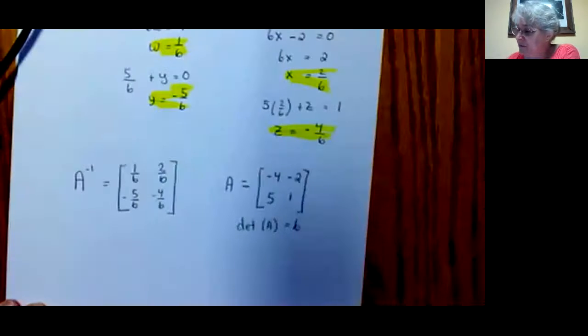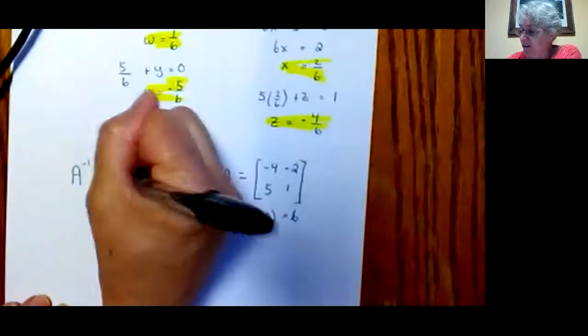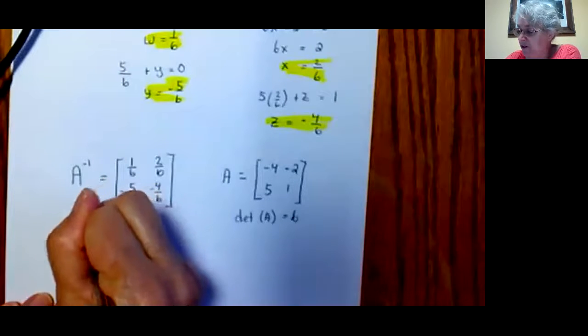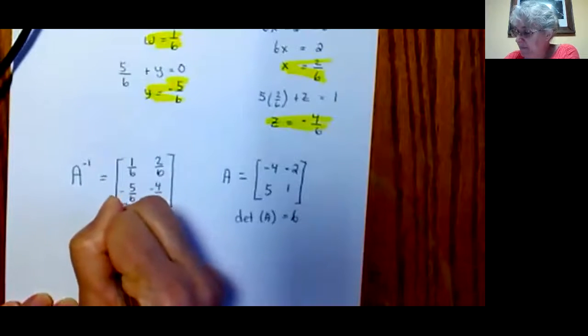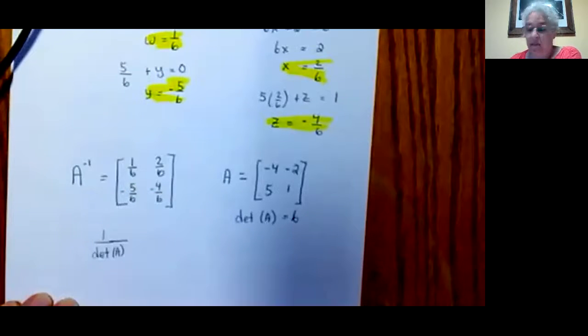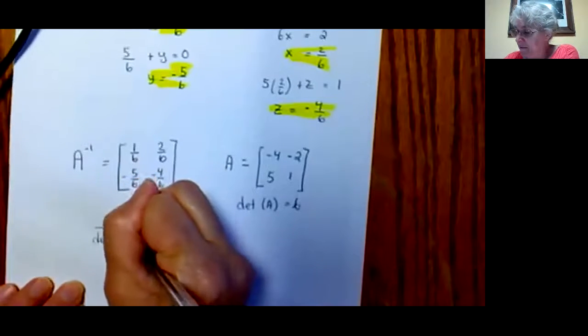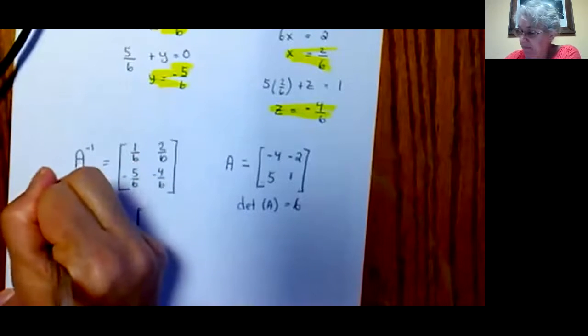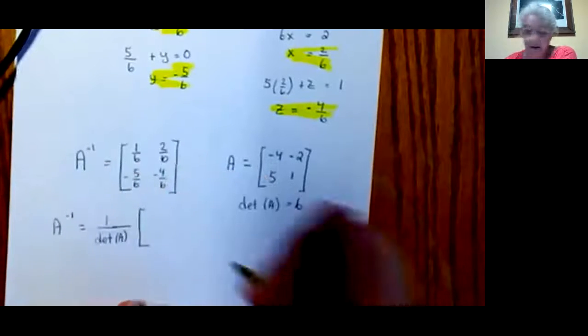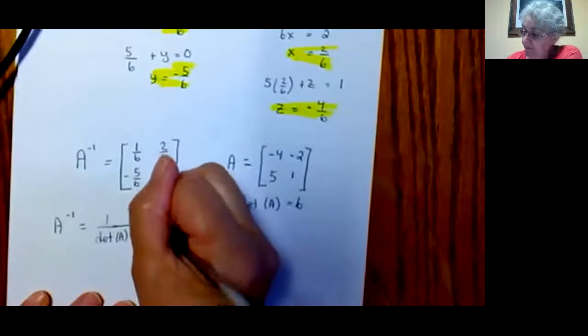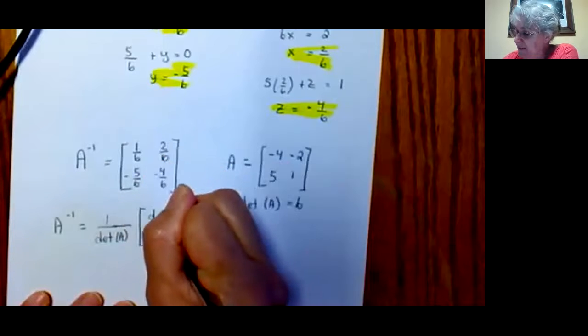So to find your inverse, you're going to take 1 over the determinant of A, and you're going to multiply it by the matrix where you swap these guys.